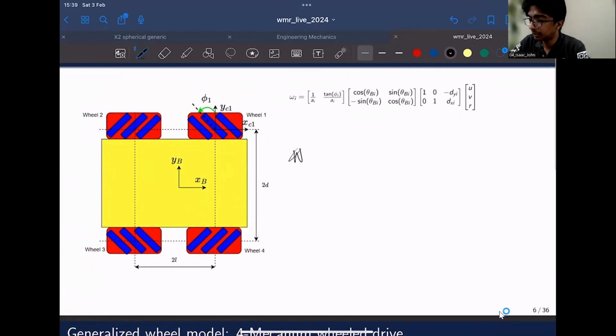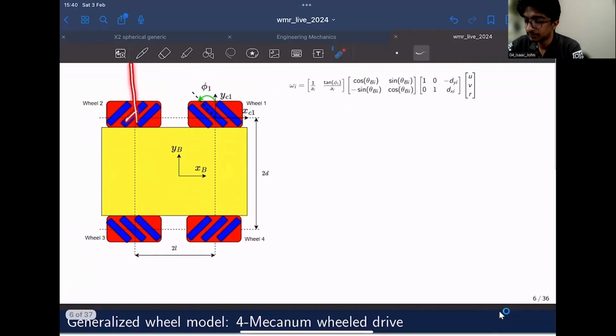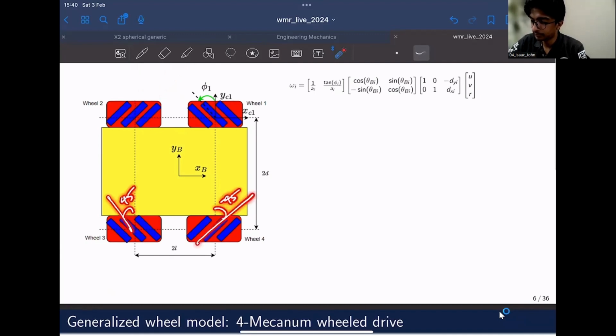So I'll simply give each of these parameters. As per our convention, since the direction of V slide is at an angle phi1 with respect to the YC1 axis, phi1 would be 45 degrees, whether it is positive or negative. In this case, it will be minus 45 because we are rotating in the clockwise direction. So this is 45, here this is 45, and here it will be minus 45.